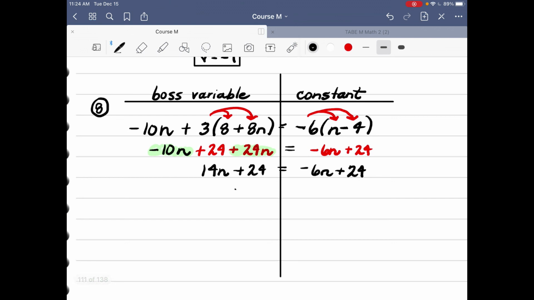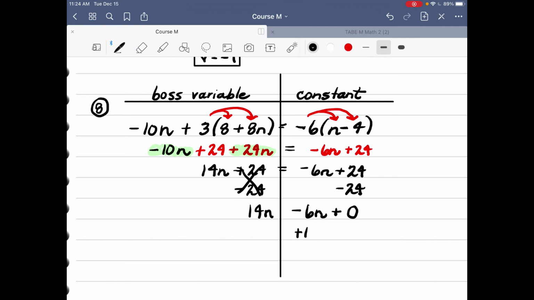And let's go ahead and do that first. I'm going to move that 24. Cancel. So I'm left with 14n, negative 6n, plus 0. Don't panic. It's okay. 0 is a number.